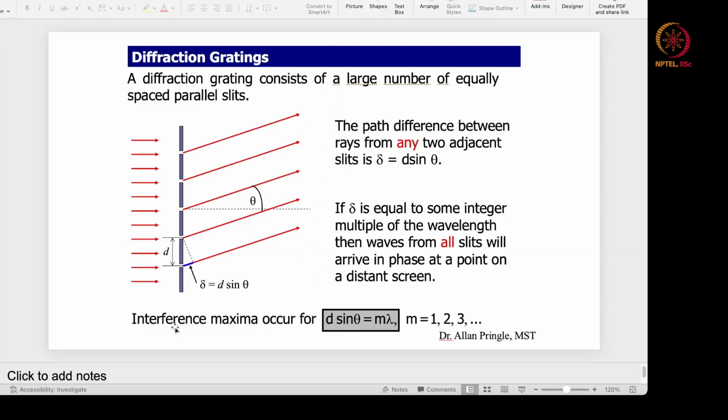Therefore, the interference maxima will occur for d sine theta equal to m lambda, where m is equal to 1, 2, 3. You understand? This is how you can fine tune the grating. This is called a diffraction grating, basically.